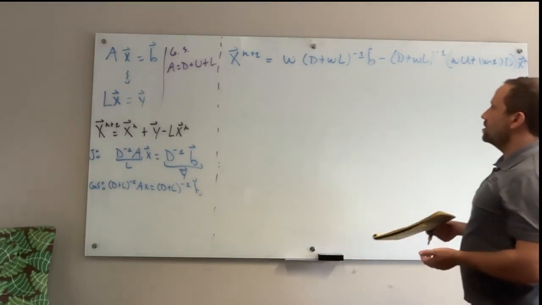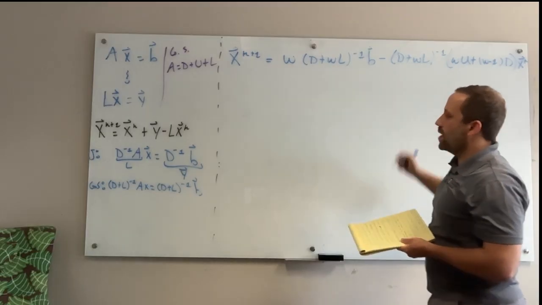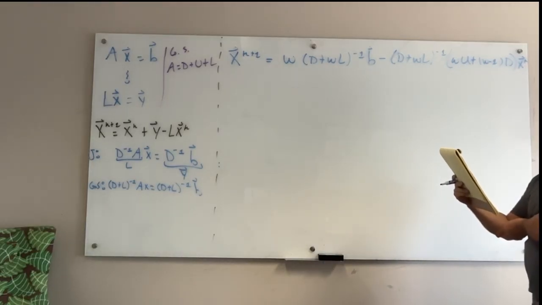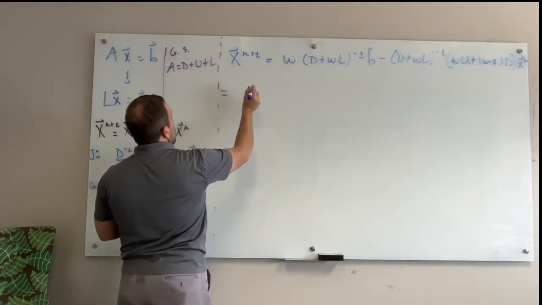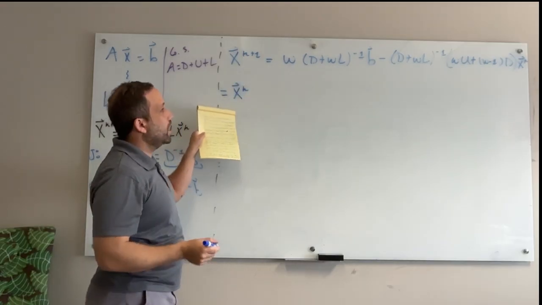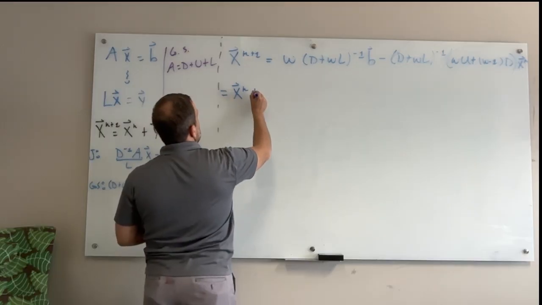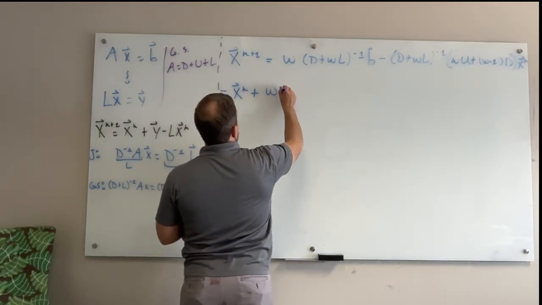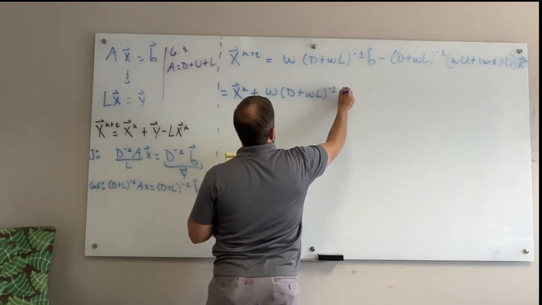Matching things up like we've done before, this is probably going to be our y, and we're going to have to add and subtract x^k. So I'm adding an x^k over here, and I'm going to subtract it out over there. So plus omega (D plus omega L) inverse b.